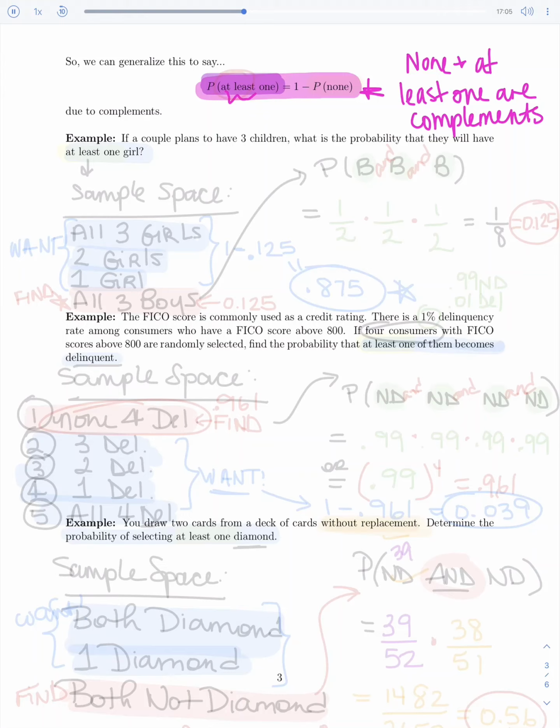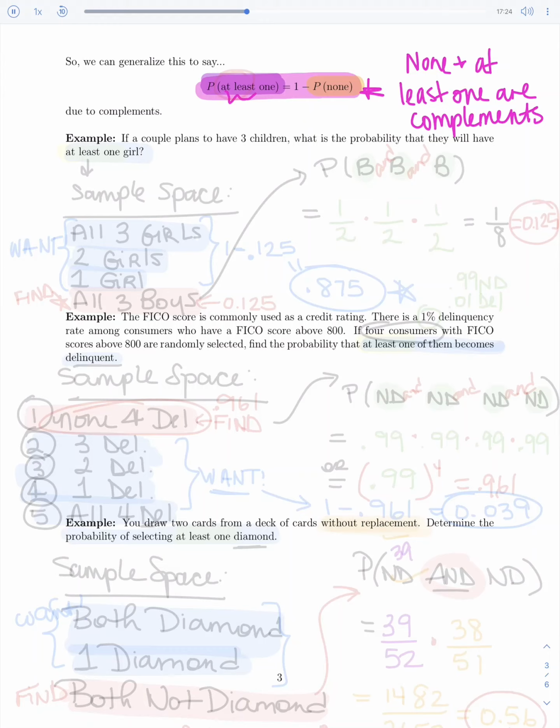It's a lot of different options, and you have to find all those probabilities and add them up. That's a pain. Instead, just find the probability of getting none and then subtract that from 1. That's a whole lot easier.